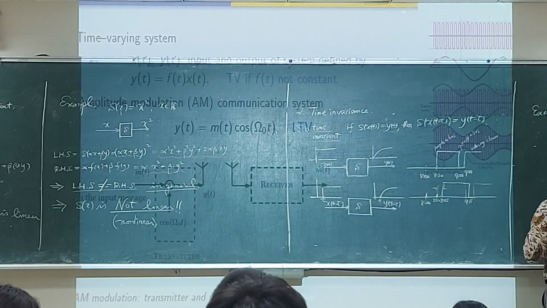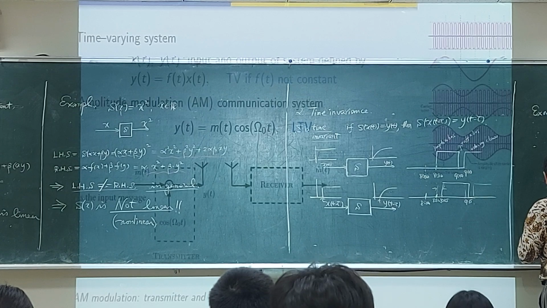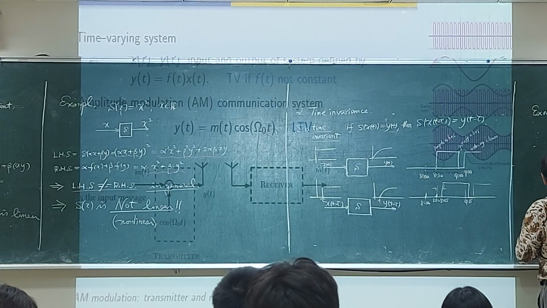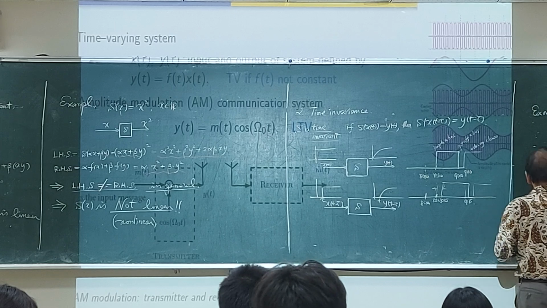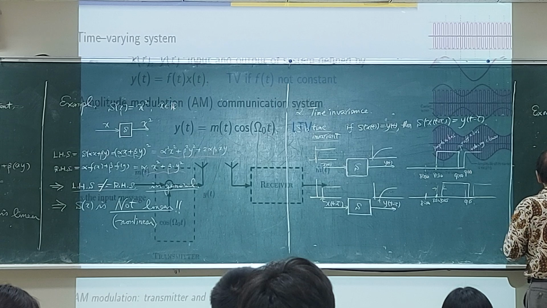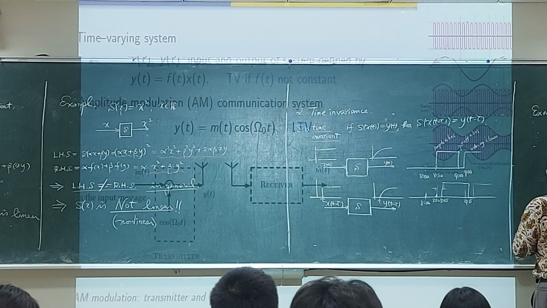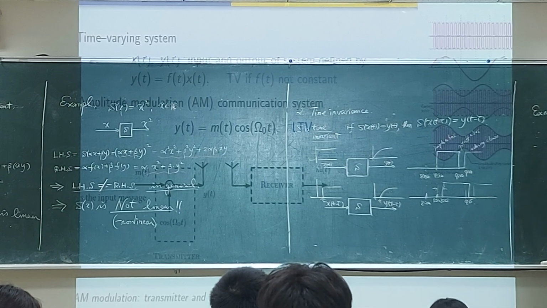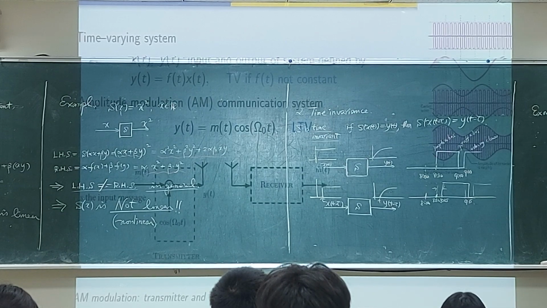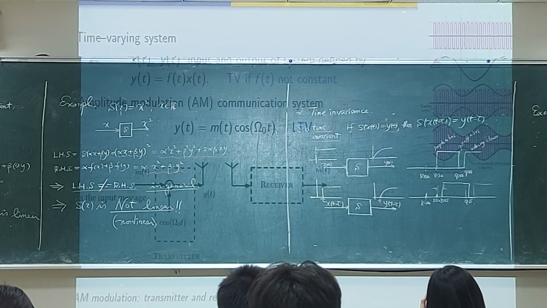Okay? And then let's define the message and the carrier. You can see omega M is 1 radian per second.